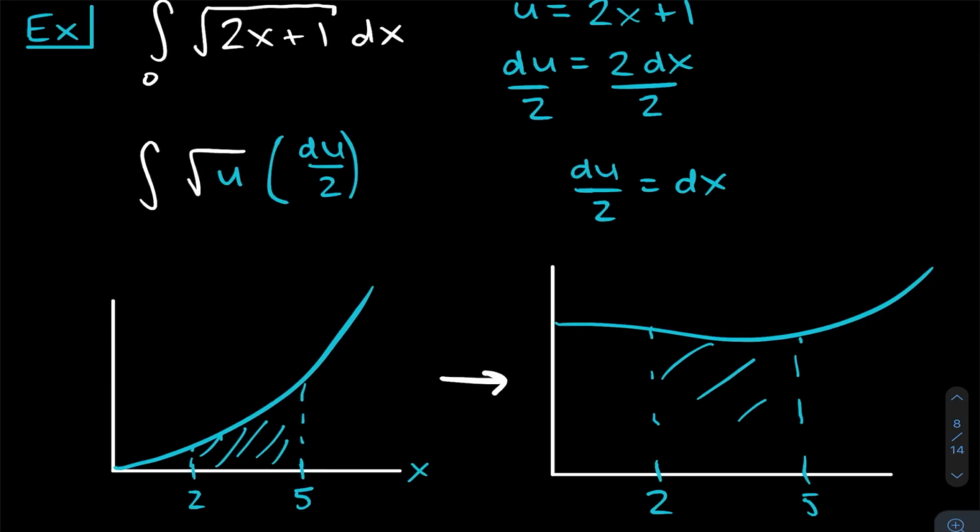You see how this area looks a lot different than this area? So what I'm saying is the bounds have to change to be with respect to your new variable, because you're dealing with a different graph now. You can't just keep the same bounds as you had before. So maybe in this case, the 2 stays and then the 5 becomes a 3. And then you have two areas that start to look a little more equal here.